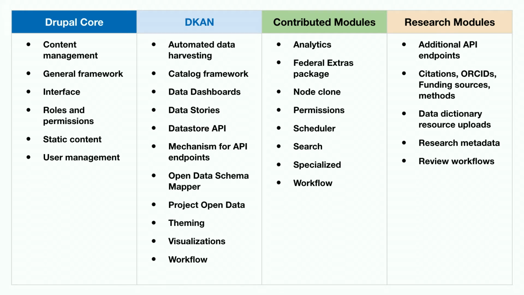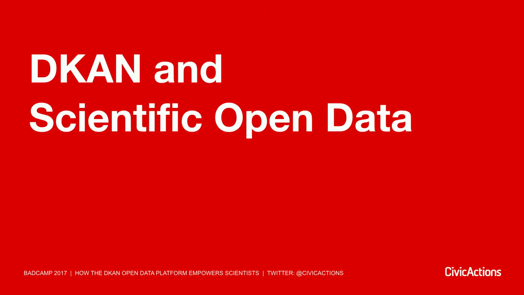We can add on some contributed modules, things that are well vetted in the DKAN space, which you can tune, add on, and enable based on your use case. In this specific use case, we also have research-driven modules for scientists that you can turn on and enable based on exactly what you might need for certain metadata packages, workflow reviews, or any APIs that are specific to science.